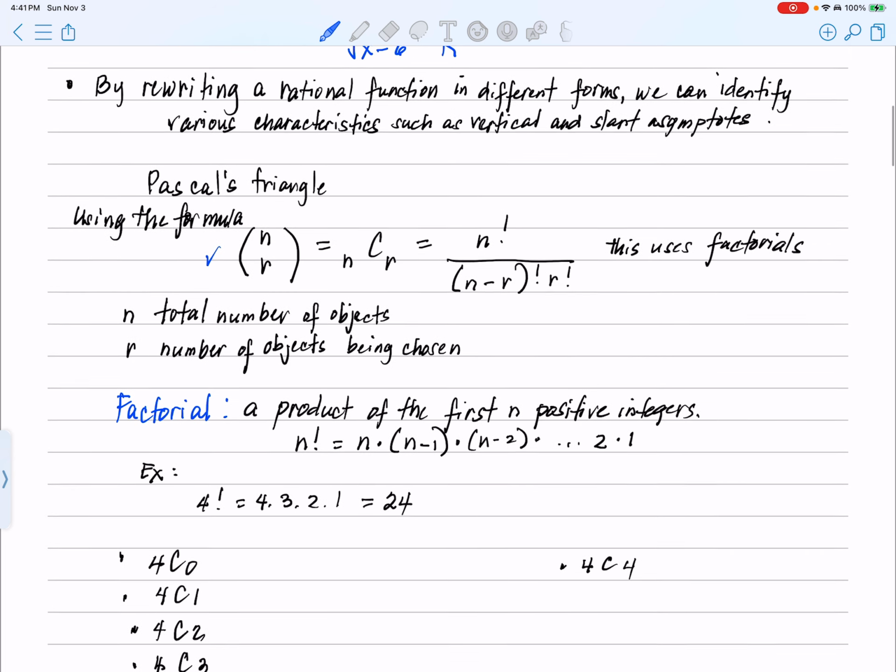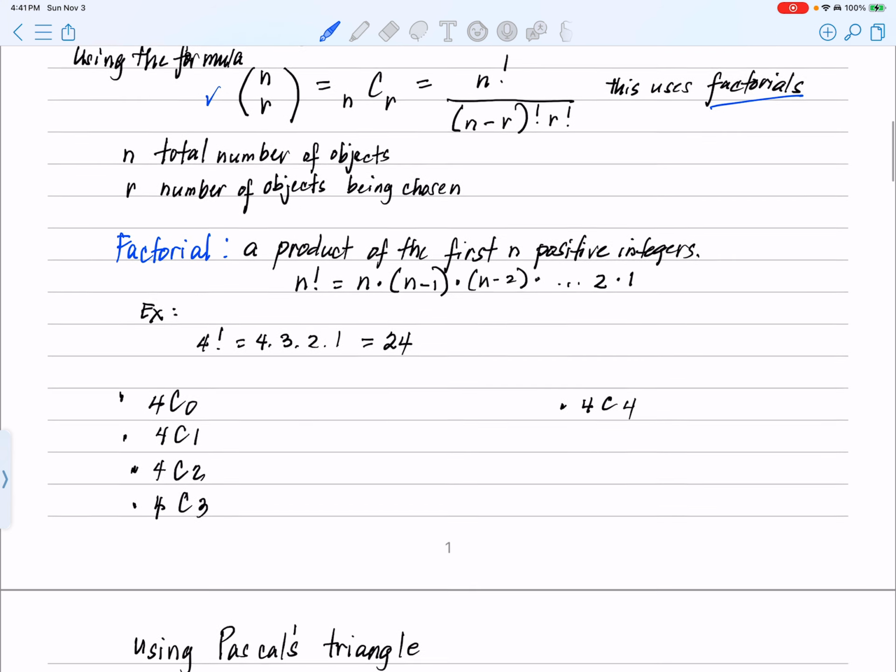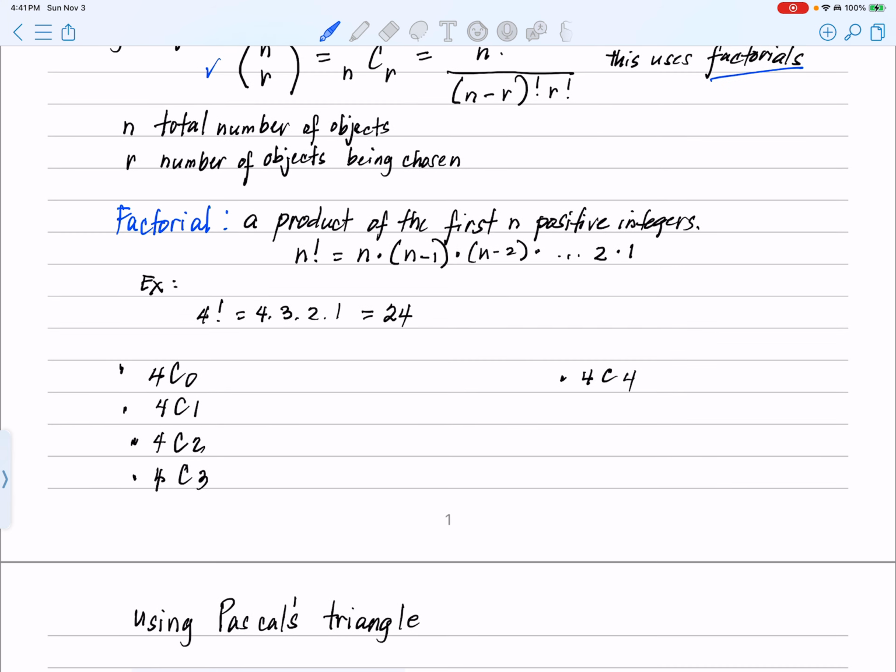This uses factorials, where n is the total number of objects and r is the number of objects being chosen. So, what is a factorial? A factorial is a product of the first n positive integers. Like n factorial, that would be n times n minus 1 times n minus 2, and so on until 2 times 1.